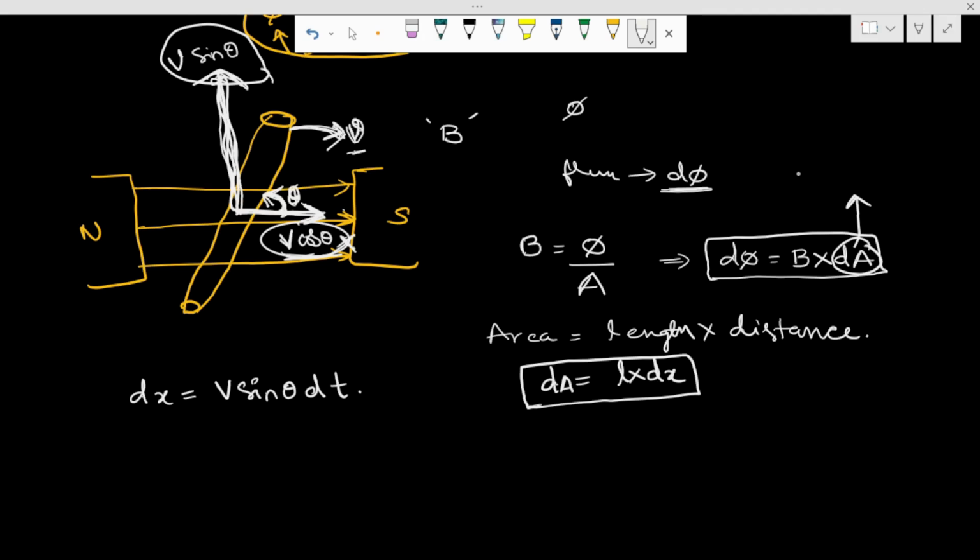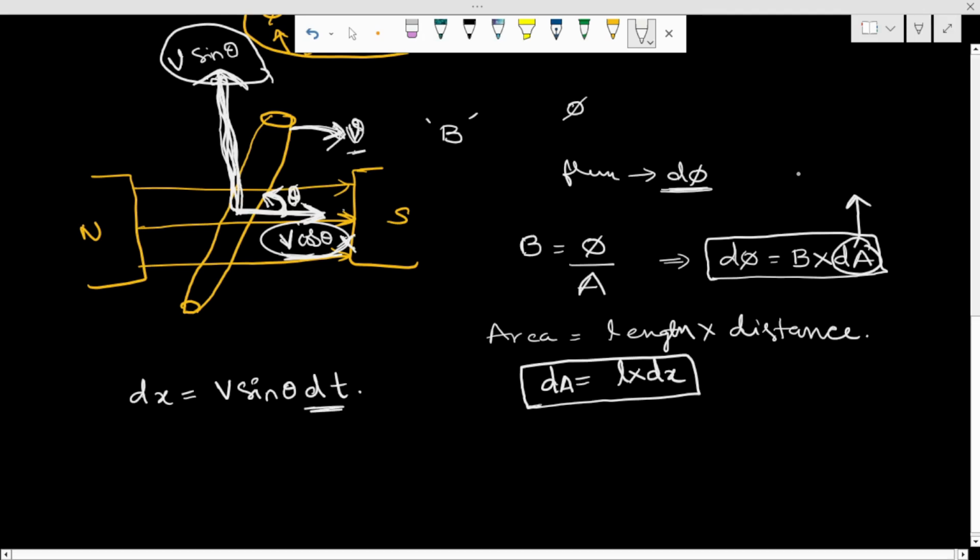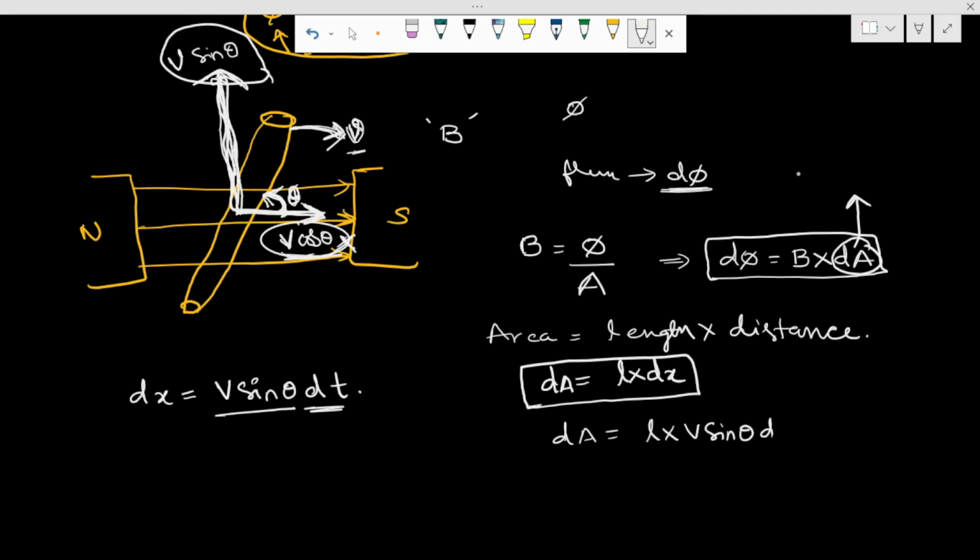Then dA is equal to L into V sin theta dt. This is the small area.